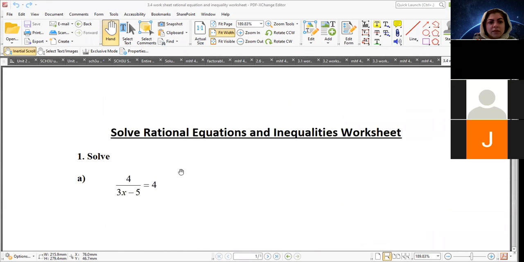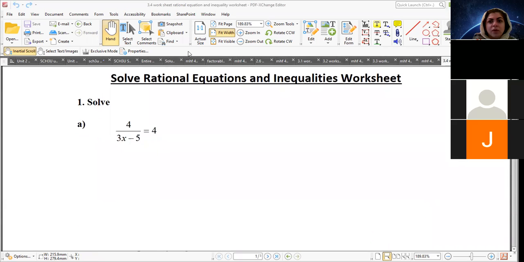For you guys who missed the first part, when you have something like 4 over 3x minus 5, this is an equality. You put a denominator 1, then you use a butterfly. Butterfly is a crisscross, like these two multiply by each other. 4 multiplied by 1 is 4. Then 4 multiplied by 3x minus 5.